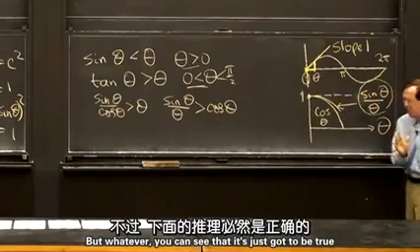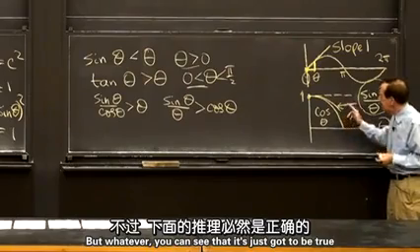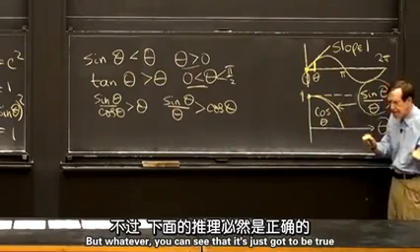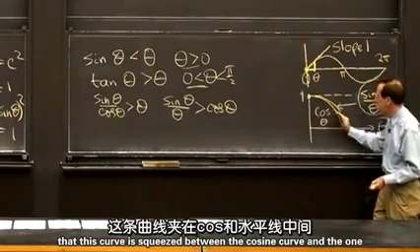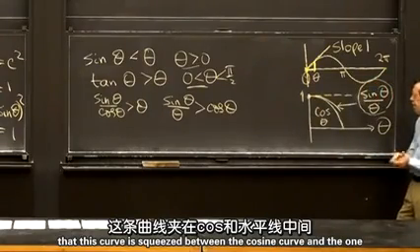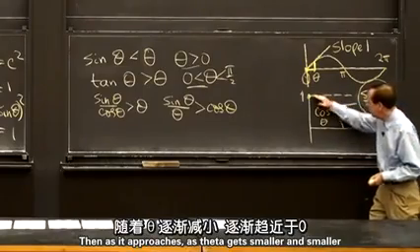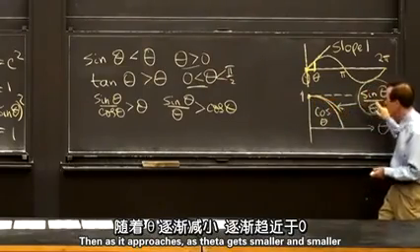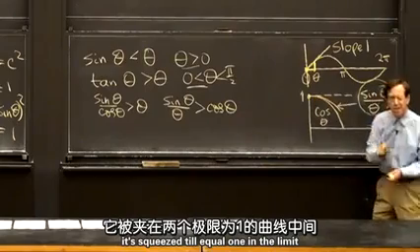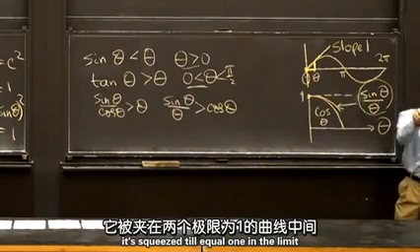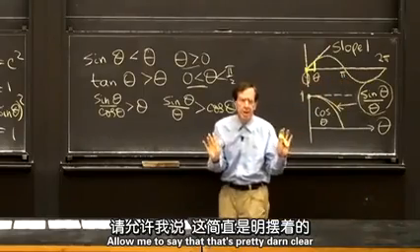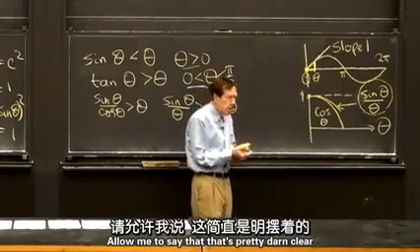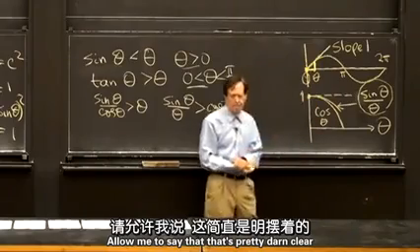But you can see, it's just got to be true that if this curve is squeezed between the cosine curve and the 1, then as theta gets smaller and smaller, it's squeezed to equal 1 in the limit. Allow me to say that that's pretty darn clear. Okay.